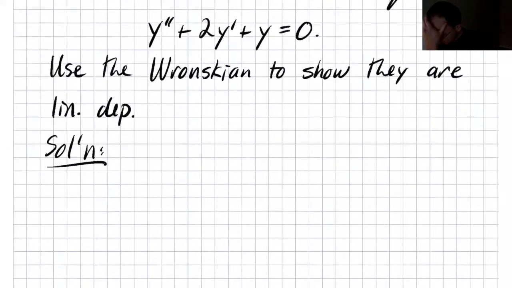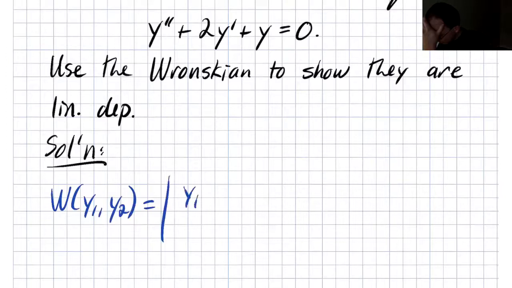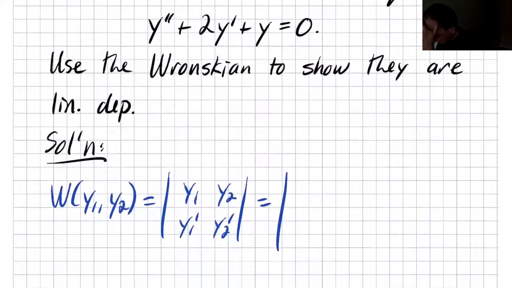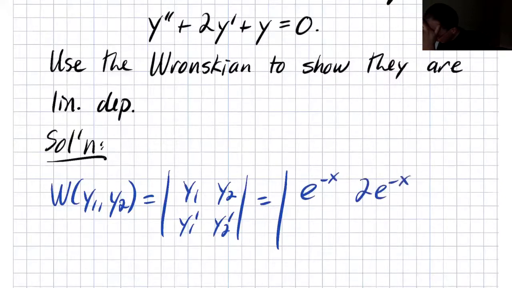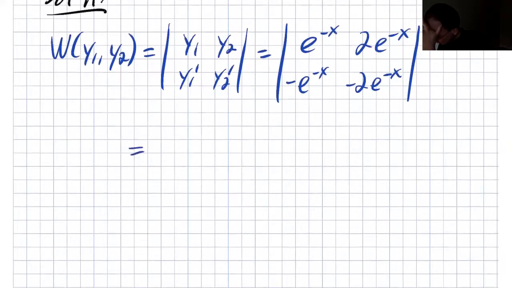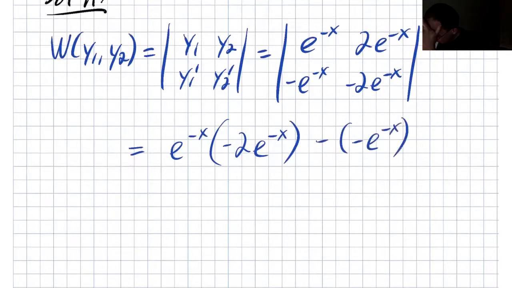So what is the Wronskian? We have e to the negative x and 2e to the negative x, and we get this for the derivatives. So we'll have e to the negative x times negative 2e to the negative x, minus negative e to the negative x times 2e to the negative x.